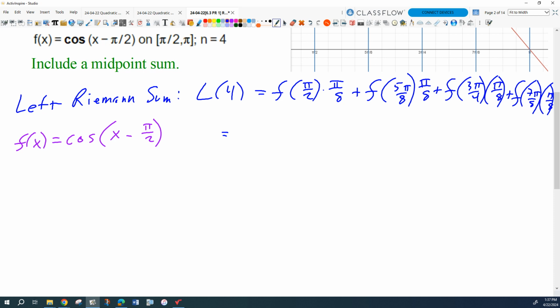What's f of pi halves? Cosine 0, yeah. Cosine 0 times pi eighths plus, what's the second one going to be? Cosine of what's 5/8 pi minus pi halves? Pi eighths, good.